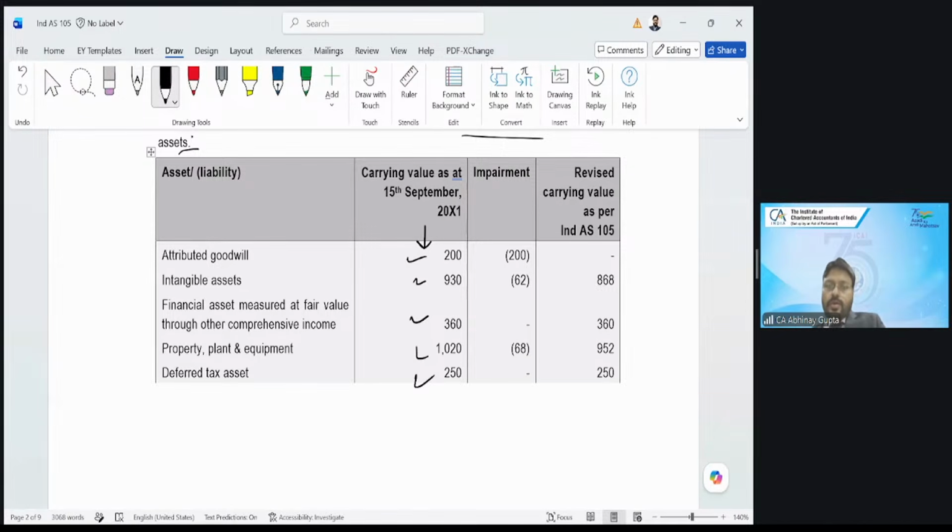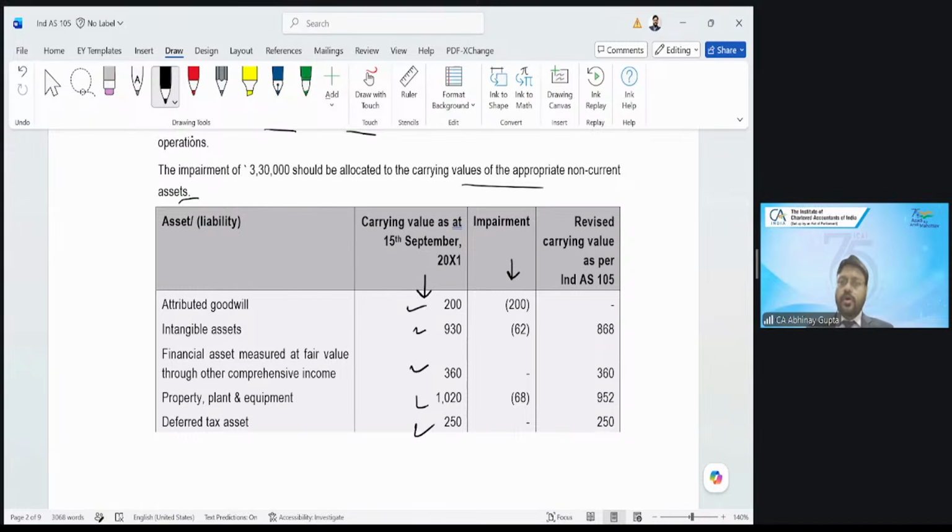So first of all, the rule says that if goodwill is there, then goodwill will be eliminated in full, to absorb the maximum impairment loss. Once that is done, if there is anything remaining, that will be allocated on a pro rata basis to the respective carrying values of other non-current assets in that group.